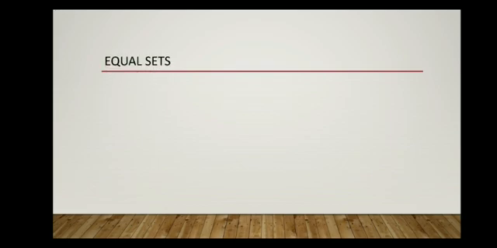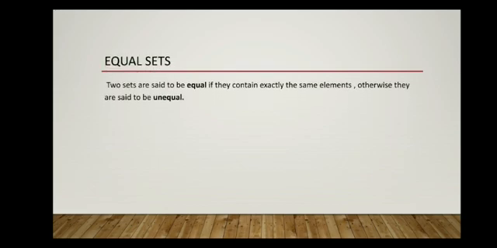Now we'll see what equal sets are. Two sets are said to be equal if they contain exactly the same elements. Otherwise, they are said to be unequal. So if two sets contain exactly the same elements, that is, the same number of elements and the same elements, then we call those two sets equal.